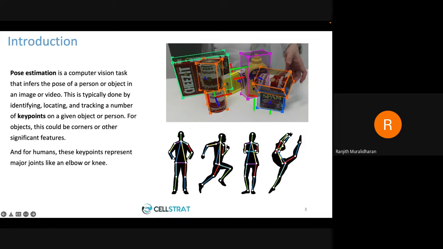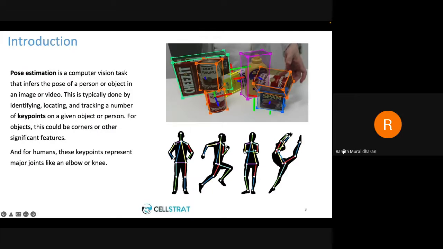It's like a bounding box has been drawn on top of the objects, and then it helps you detect the key points. Look at this edge, this is a key point here. In the same way for humans, there are n number of key points within a human being. It detects your head, your elbow, shoulder, and all those things, and it gives you clear-cut key points within an image. So that is primarily what pose estimation is.